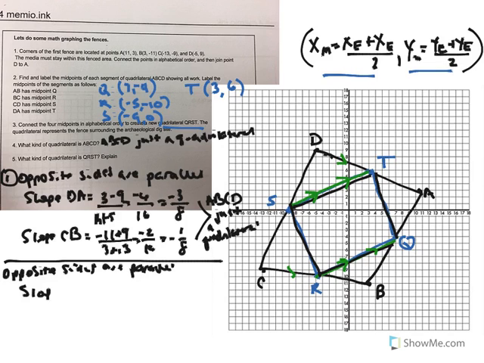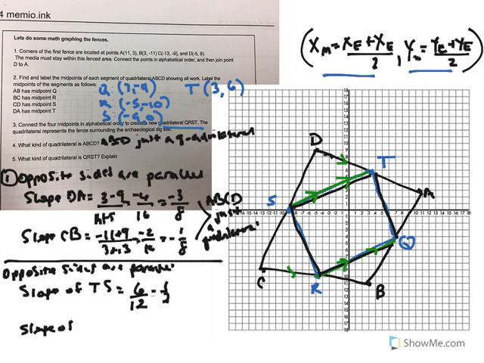I have the slope of TS is 6 over 12, which reduces to 1/2.